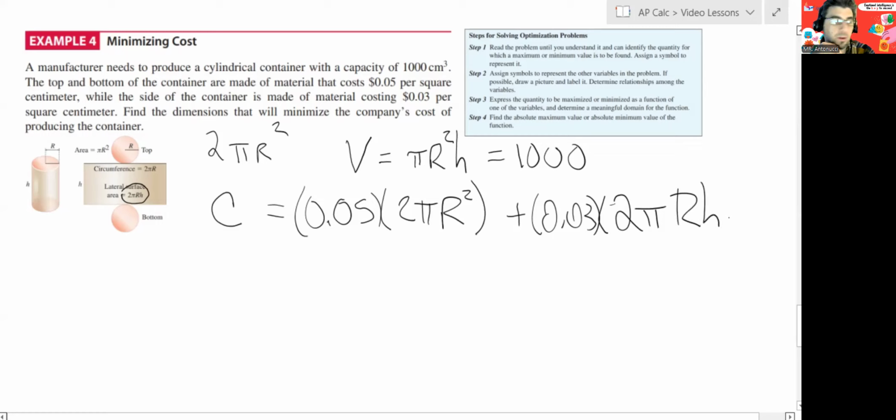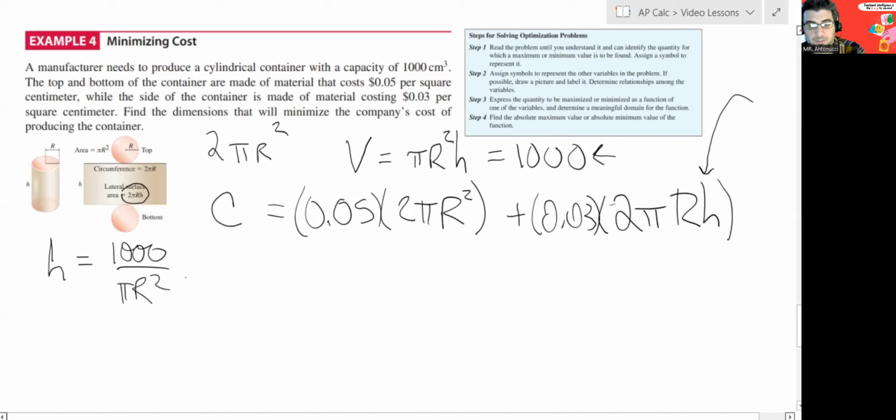Now, the problem is this primary equation has two variables, the radius and the height. But the volume, our secondary equation, we can solve that for h. I'm going to just do that over here, which would be h equals 1,000 divided by pi r squared. So we can simplify this a little bit by plugging the value of h in there.